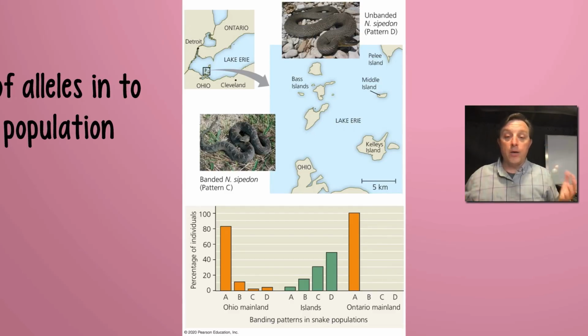So on the Ohio mainland, we see these forms, B, C, and D, the banding patterns that are not present on the Ontario mainland, but are present on the islands, because these genes are constantly being moved back and forth. These two populations here are reproducing with each other.